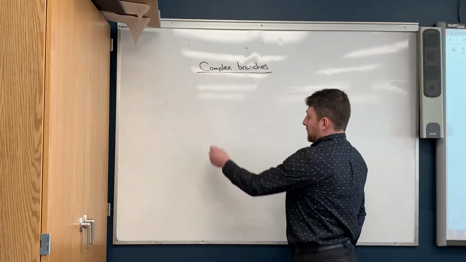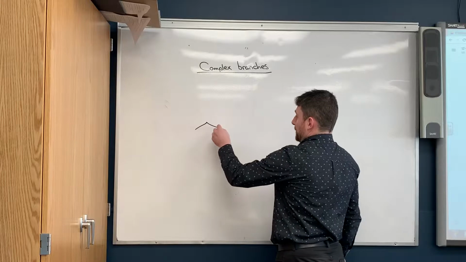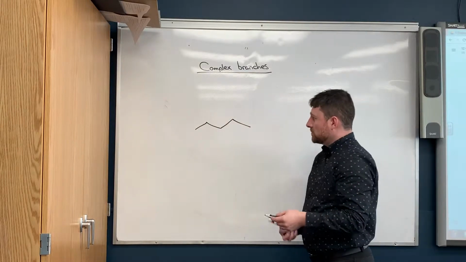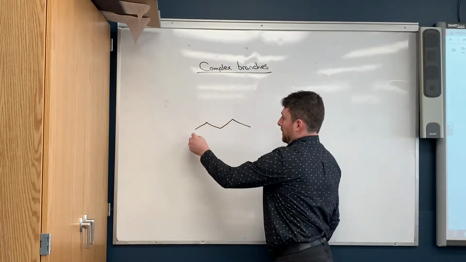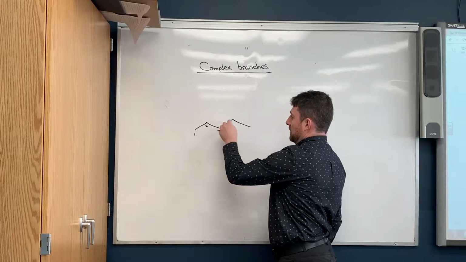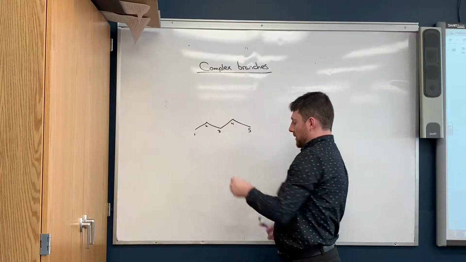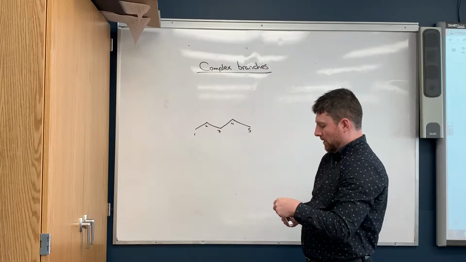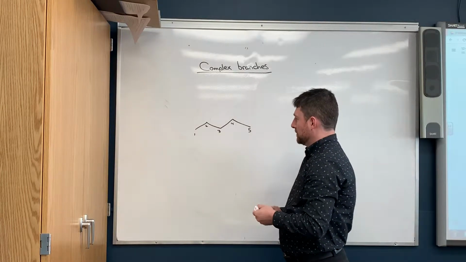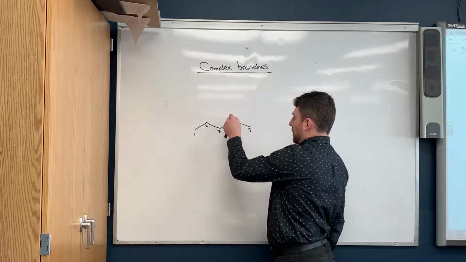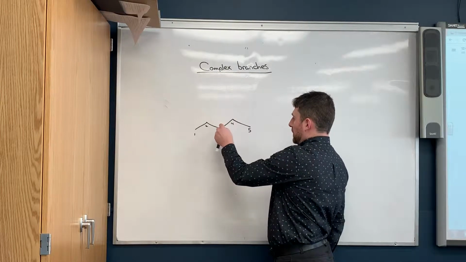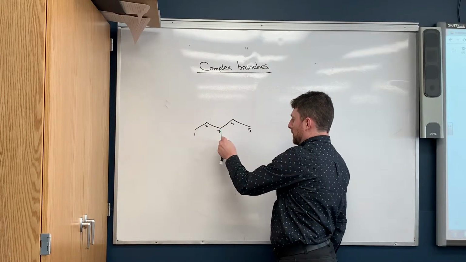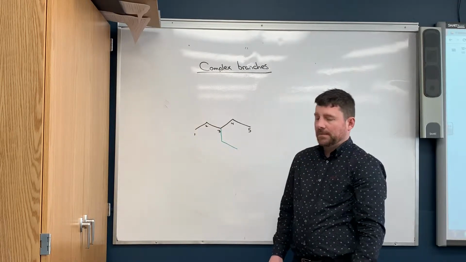Okay, so let's put in an example. Here I have a pentane, and I'm going to put in, again in a different color, one branch. Let's put it off carbon 3, like that.